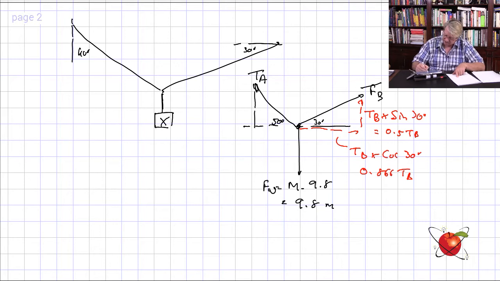Let's go to the opposite side and put in this one here. This one, the horizontal, is going to be TA cos of 50, which is 0.6428 times TA. This one is going to be TA times sine of 50 degrees, right? Which is 0.766 times TA. Okay? That's what we've got for that one.